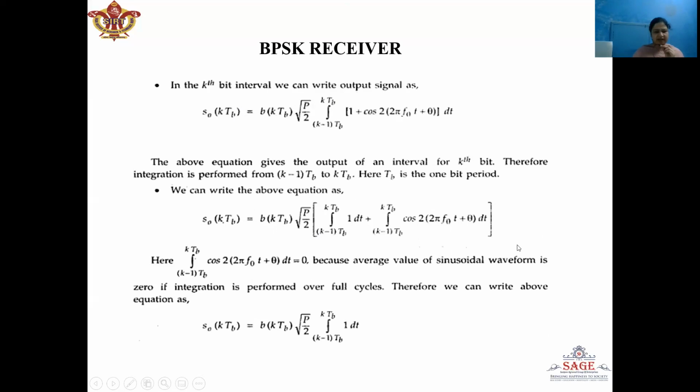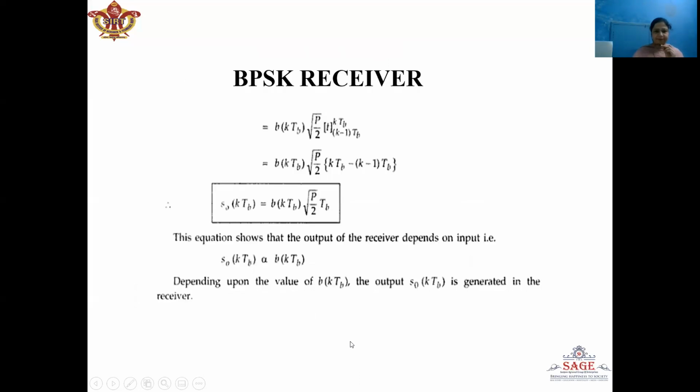Now, the integral of a sinusoid over a whole number of cycles has value 0, so the second integral will give the value 0. So we will get the output voltage s naught (k TB) as b(k TB) root P by 2 times the integration of 1 between (k minus 1) TB to k TB. Solving the integration, we get b(k TB) root P by 2 times TB.